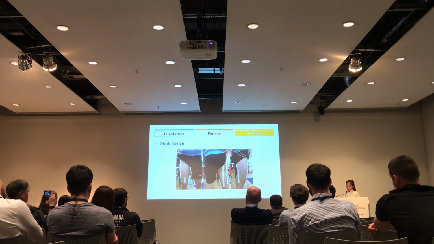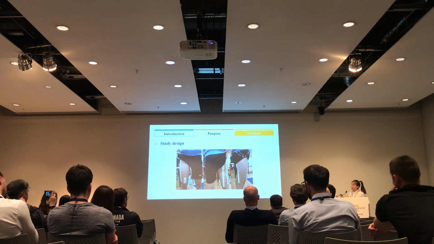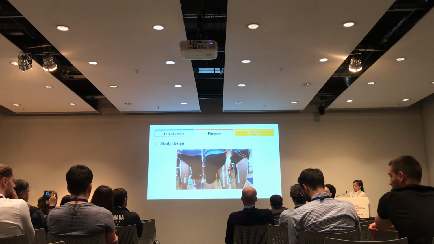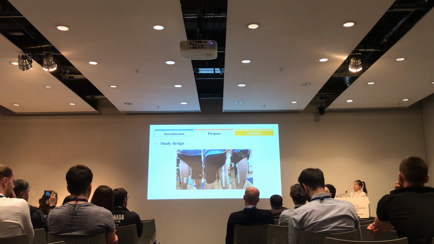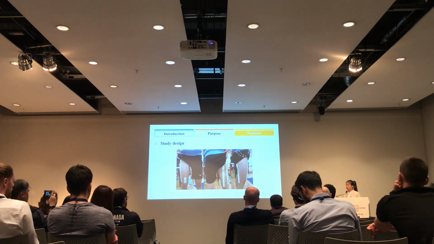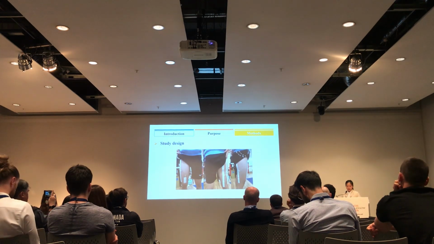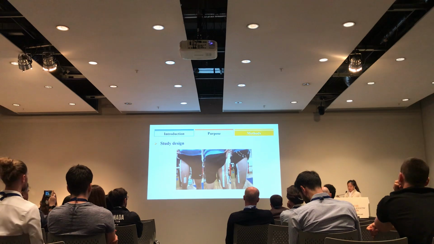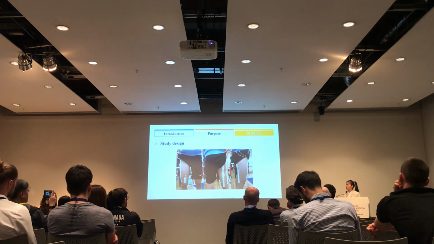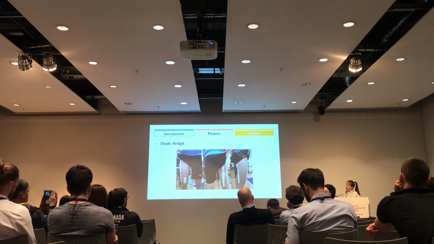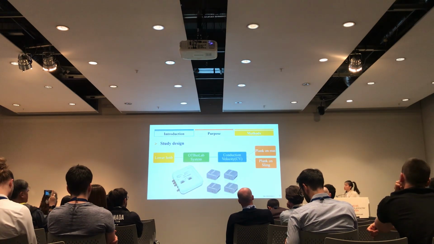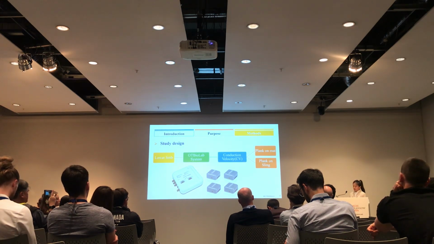The electrode arrangement for the VMO is 8 by 4, and for the VLO, SM, and BF it is 16 by 2. The interelectrode distance for the VMO is 10 millimeters, and for the VLO, SM, and BF it is 20 millimeters. The signals will be collected through the OT Bioelettronica system.